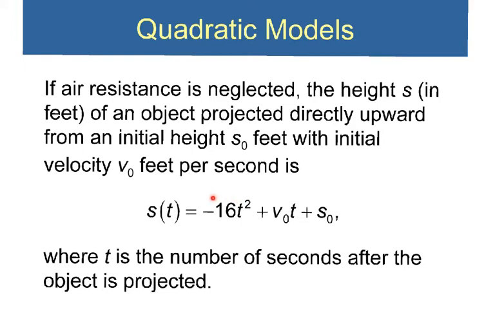And this number right here comes from gravity. It's going to be constant, and if your model is measuring things in feet, then this right here is the number you put as your constant. If you're measuring in meters, the number changes, and I think it's 4.9, but your book will tell you that too.